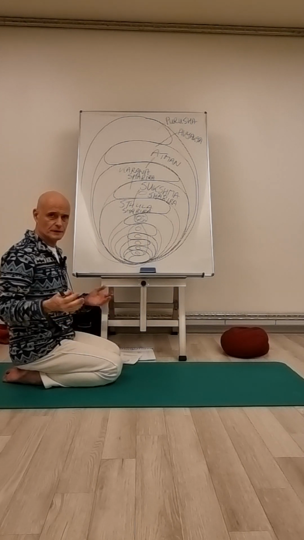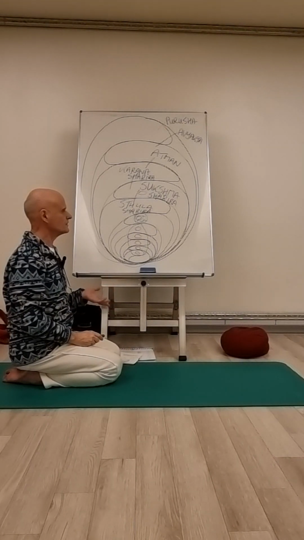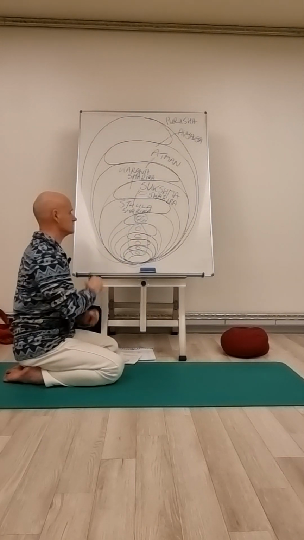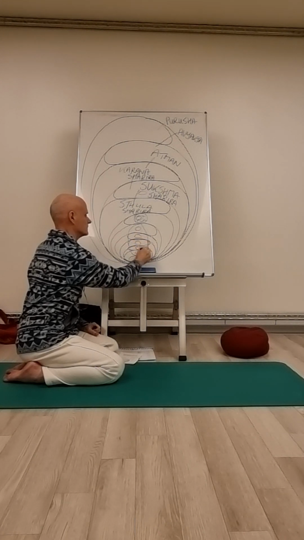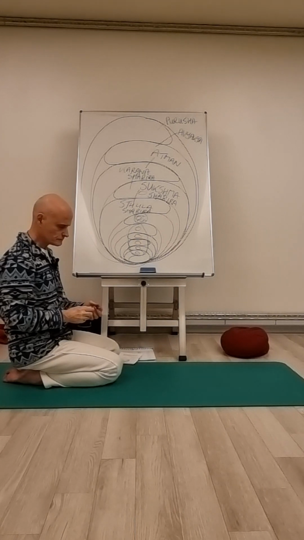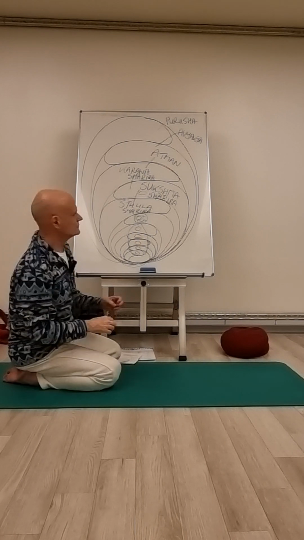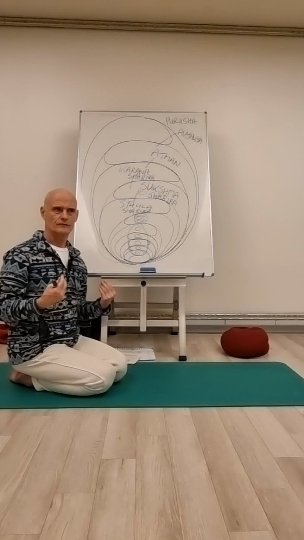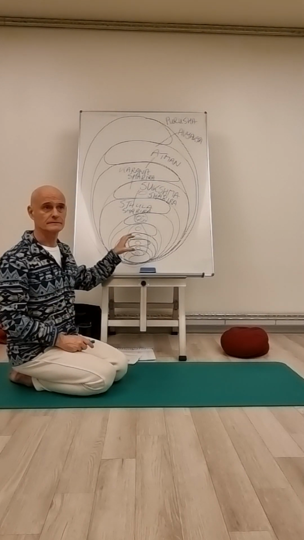And most people, everybody basically, is only aware of this part, and mainly actually this part, where the lower emotions and desires are located. So people are disconnected. People are not whole. Their functioning is based on a very small part of their being.